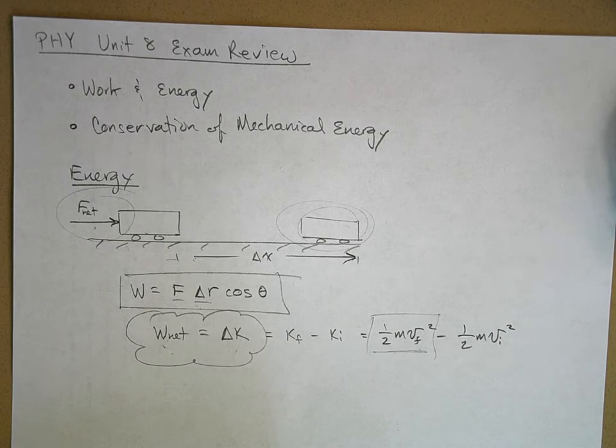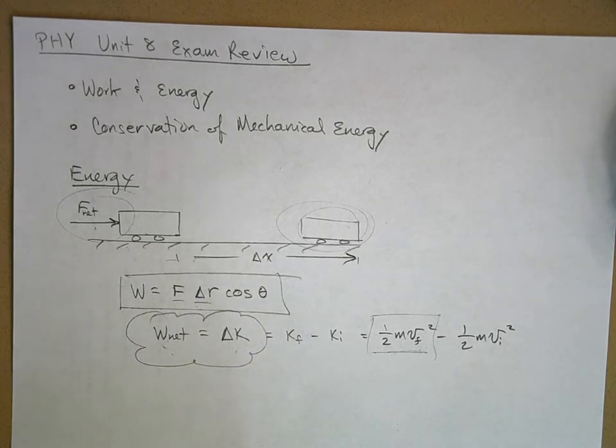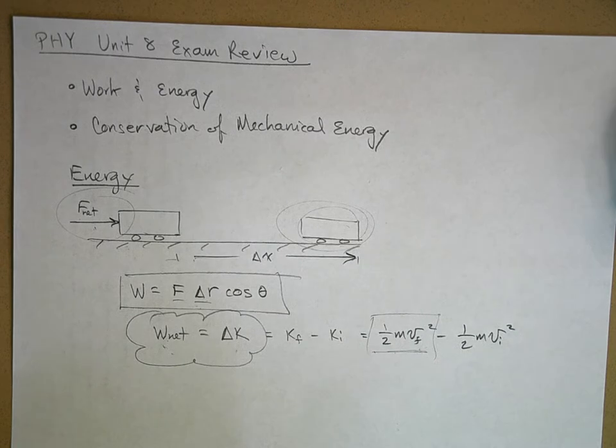Where did it go? It depends. If you're coasting up a hill, that kinetic energy became gravitational potential energy. If you're braking, with regular car brakes, you're turning it into heat and dispersing all that energy into the environment.